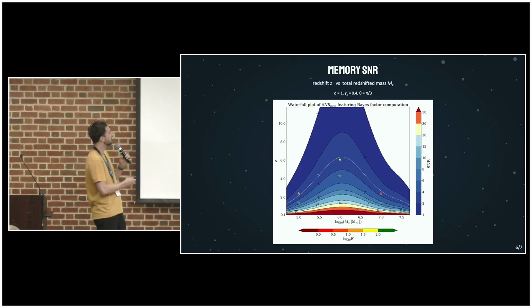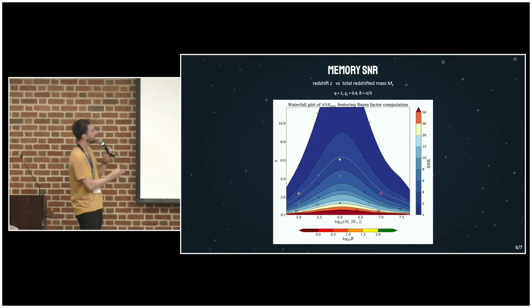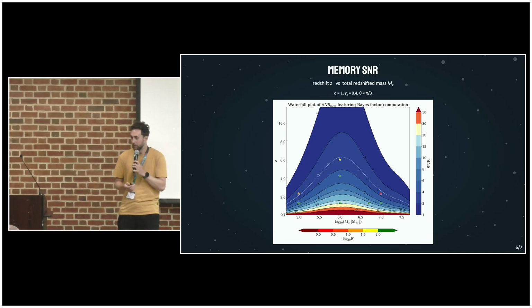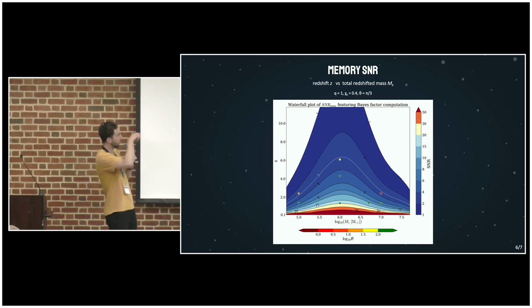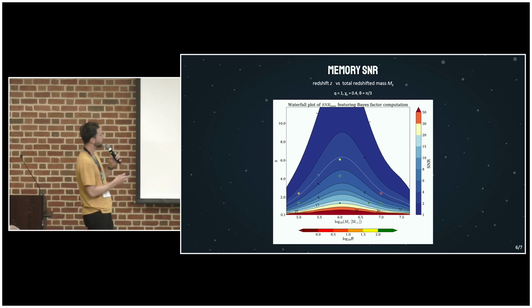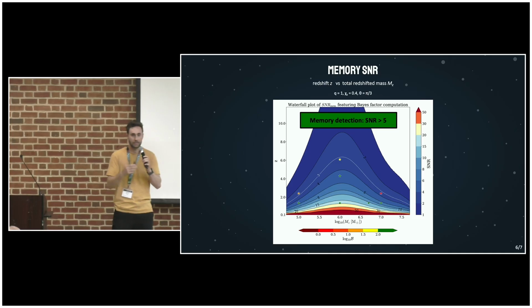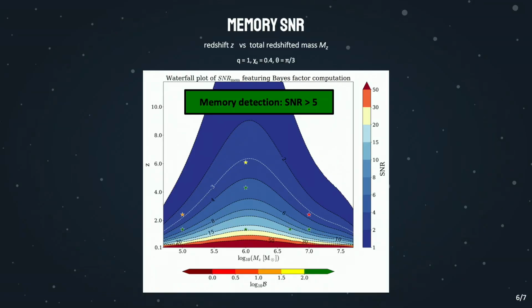But for LISA, the supermassive binary black hole mergers are so loud that we even get a significant amount of SNR for memory. I will not go into detail here, but in the study that we did over many parameters, by computing the actual Bayes factor, so comparing a hypothesis of having memory and not having memory, we can claim a memory detection if the SNR is above 5.